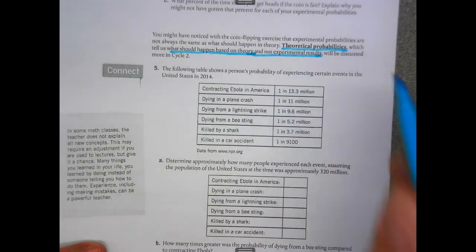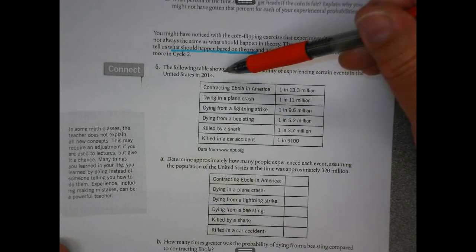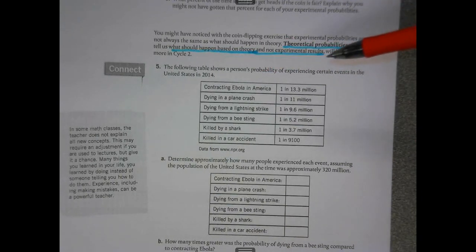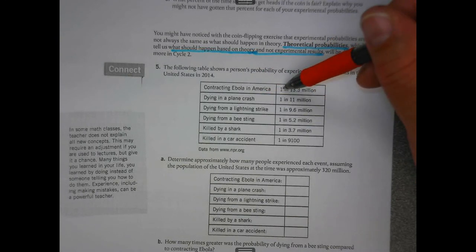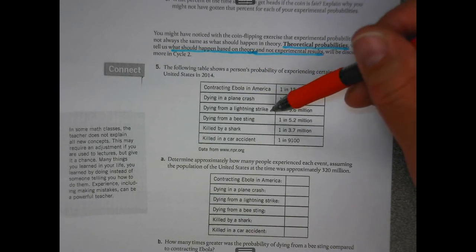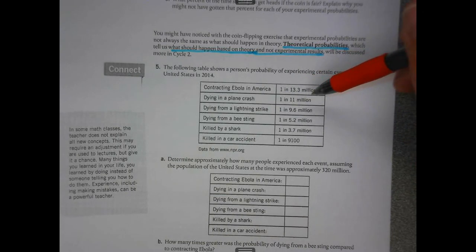If we were to figure out our probabilities from this data, we would take 1 divided by 13.3 million. That will give us our percentages here. 1 divided by 13.3 is 0.075, or approximately 7.5%.